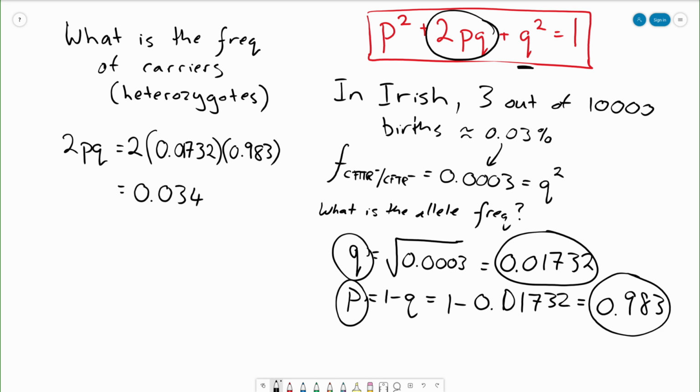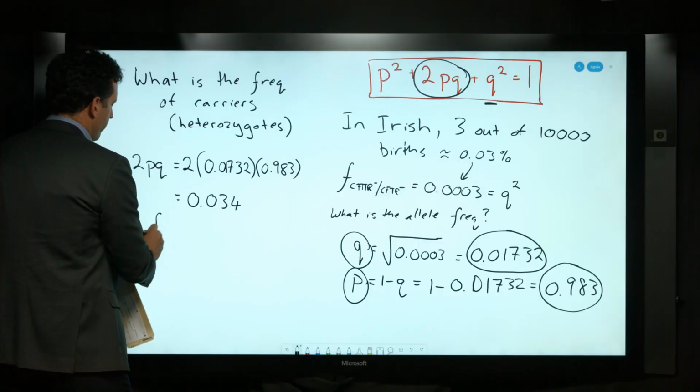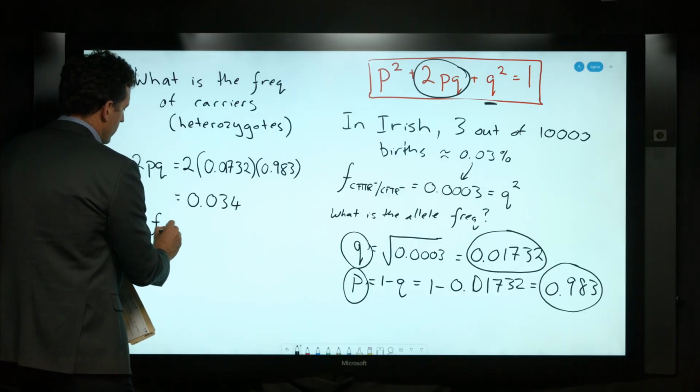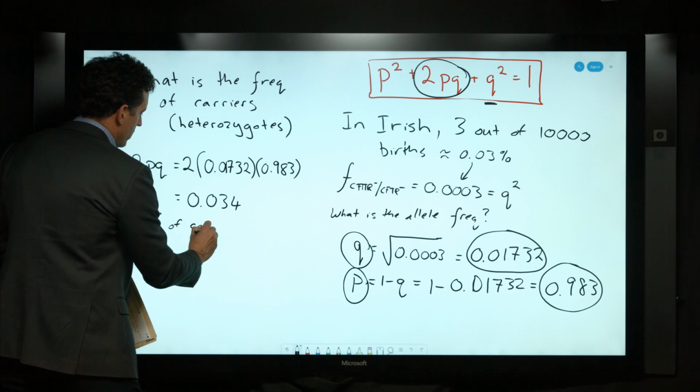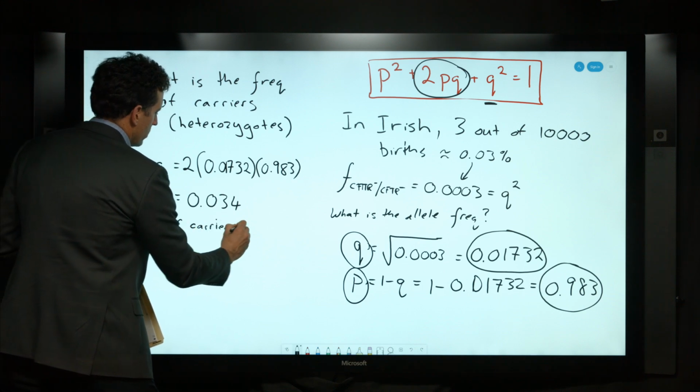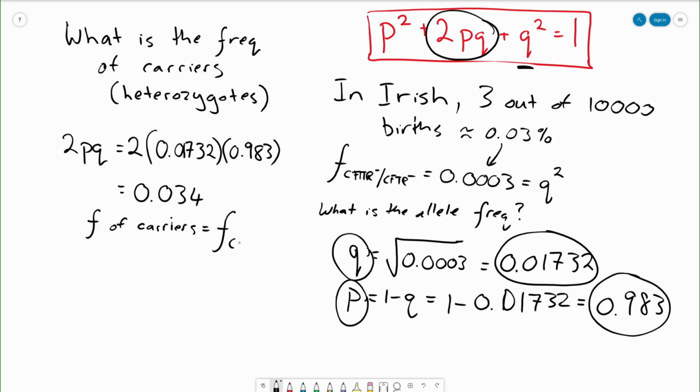And if we do the math, that equals 0.034. So remember, this is our frequency of carriers. And the carriers, in this case, are the CFTR mutant, CFTR wild-type individuals. And so this is our frequency.